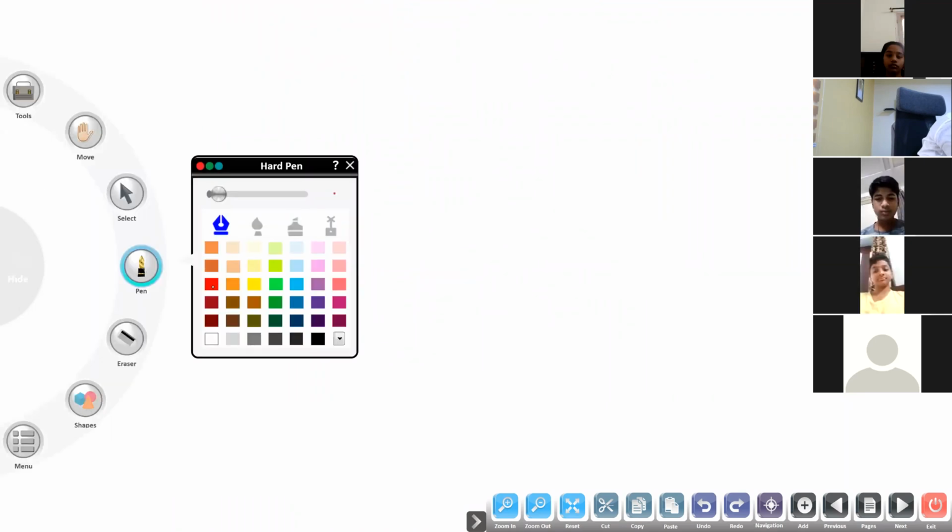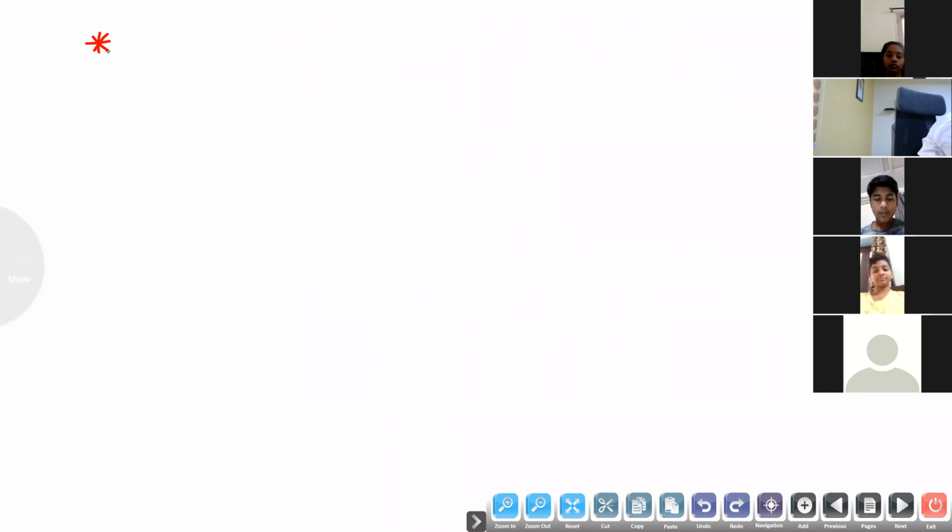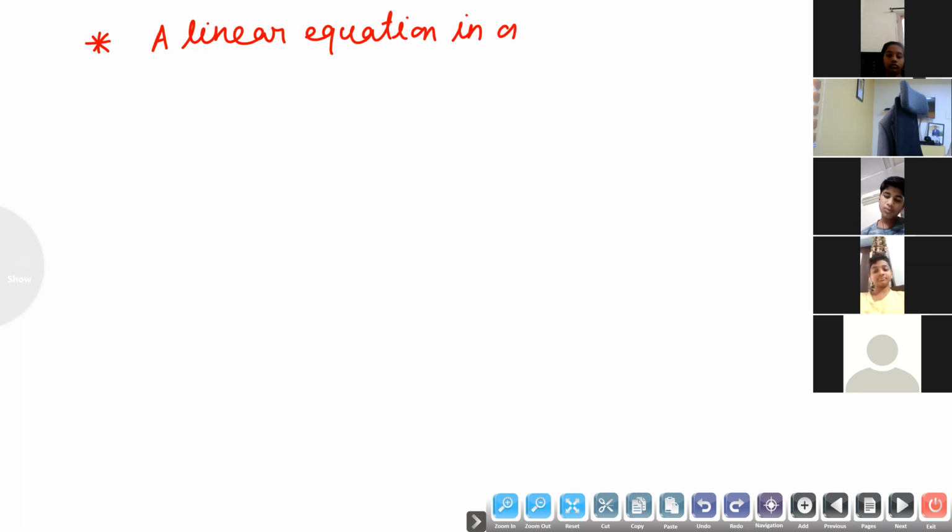First star point: a linear equation in one variable has a unique solution.